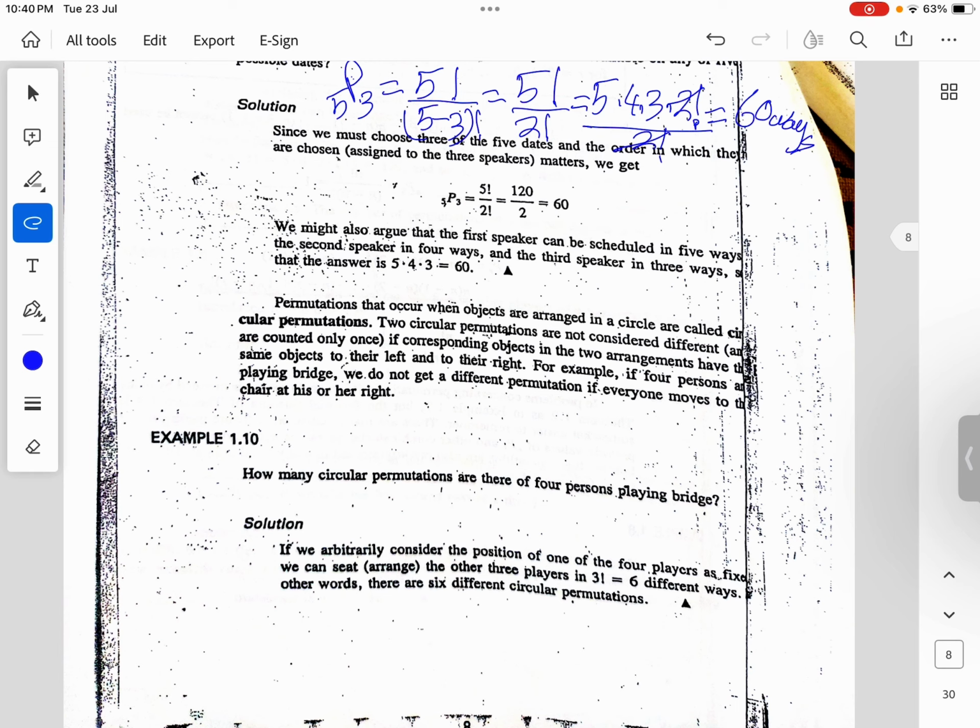Suppose your family is coming, and you have a table that is not square or rectangular, but circular, where you will seat the biggest member of the family, maybe your father or grandfather.